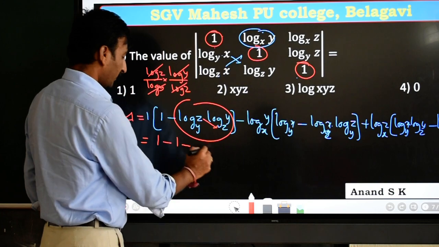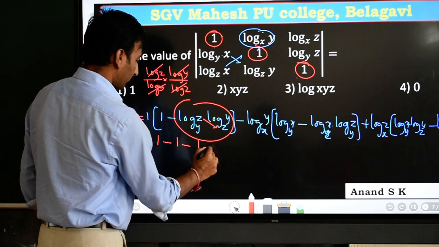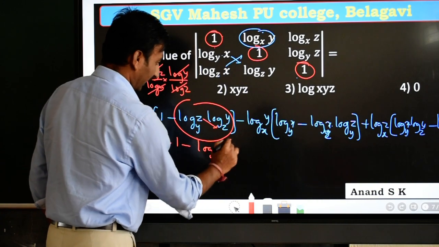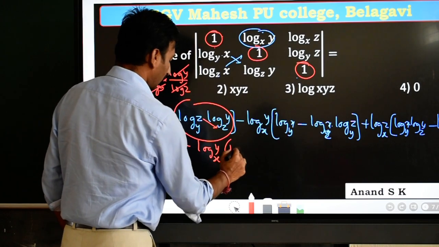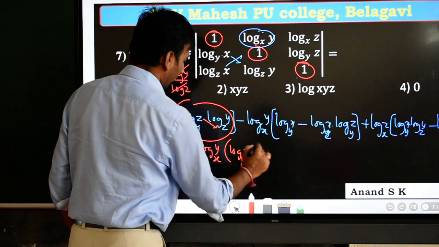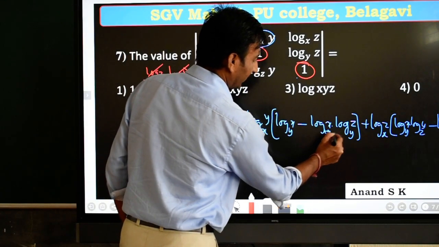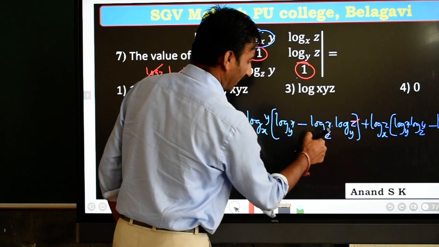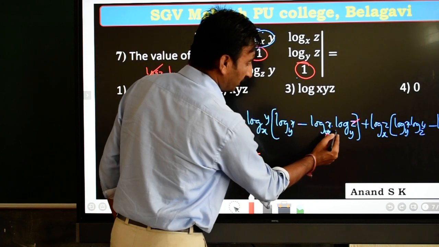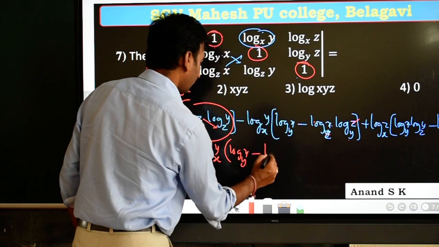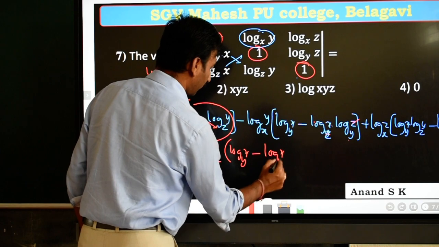So minus, here this is log of y to the base x in the bracket, once again it is log x to the base y minus. I hope you understand this property: here it is z, here it is z, these two vanish, and combining these two logs you get log x to the base y minus log x to the base y.